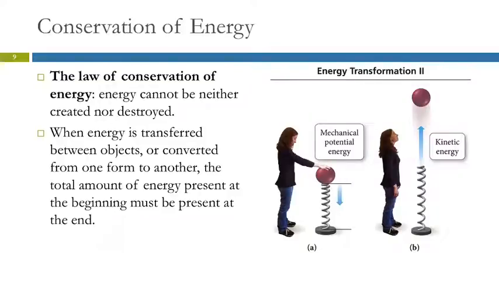But yes, the ball would have less potential energy if it's just sitting on top of the spring. So when it's pressed down, she's putting energy into it by doing work on the ball. Yeah, energy has to go somewhere and it has to come from somewhere.